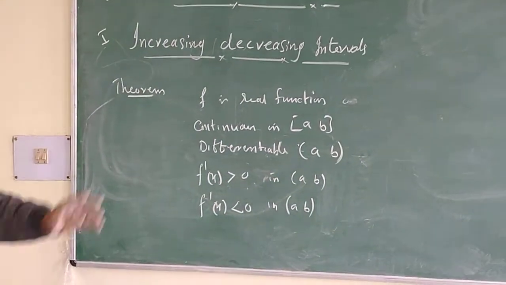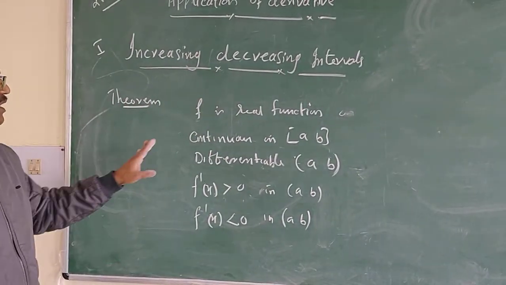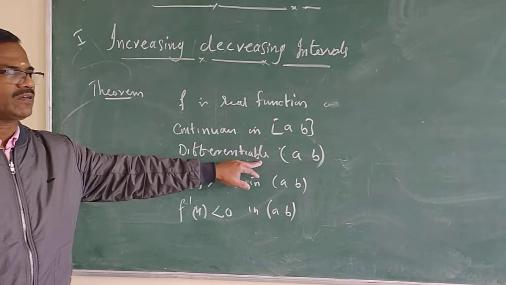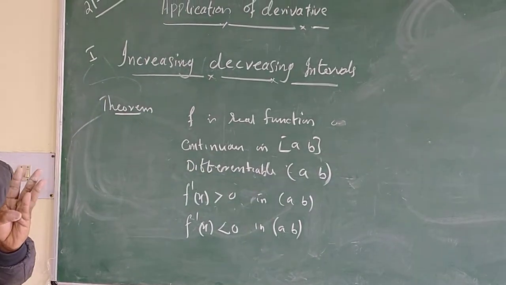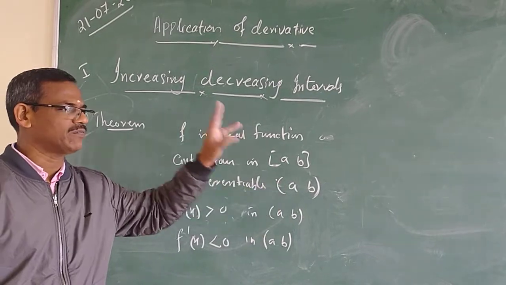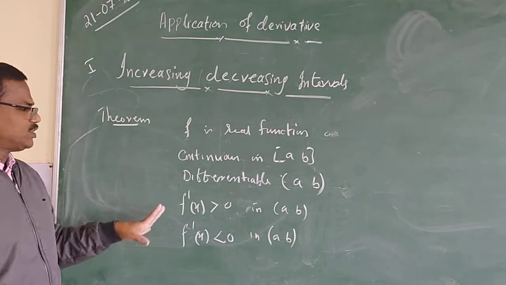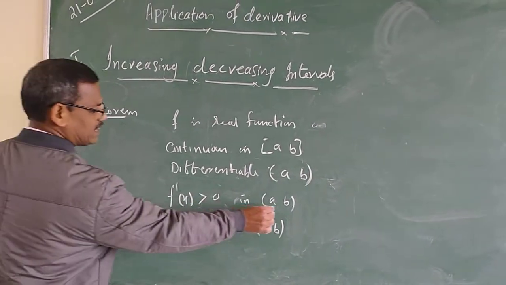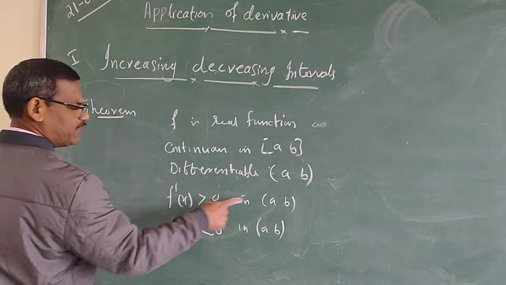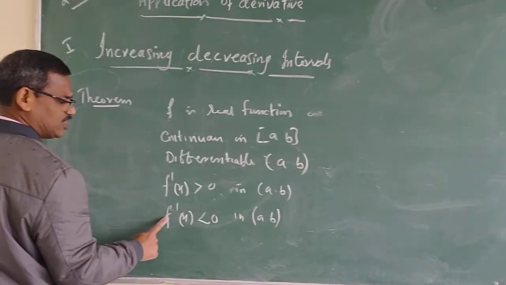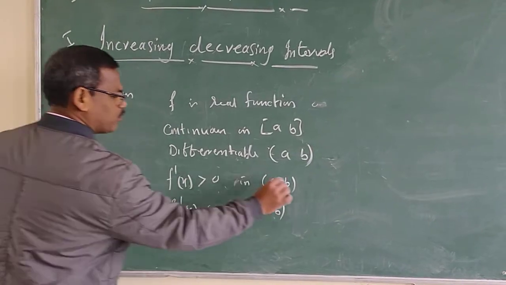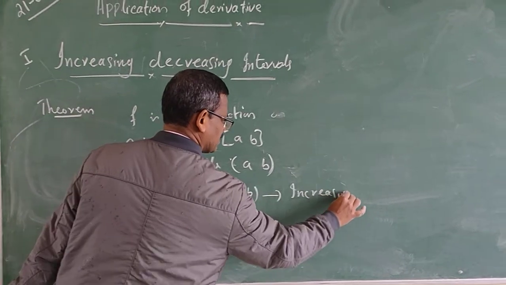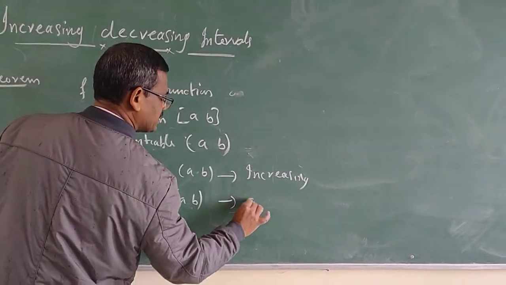So what is the statement? f is a real valued function, and it is given that f is continuous in the closed interval and differentiable in the open interval. These two conditions are given. Then to check increasing or decreasing, we use the derivative: if f dash x is positive in the interval, it is increasing, and if f dash x is negative, it is decreasing.